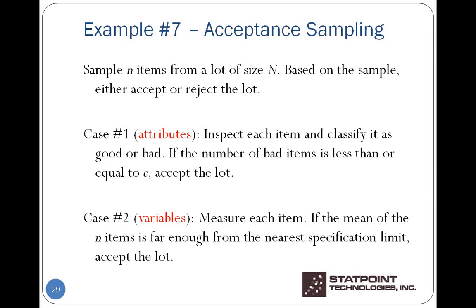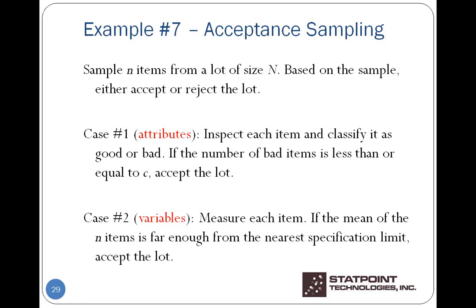Suppose, for example, a shipment arrives at your warehouse consisting of a lot of size, let's say, capital N. You're going to take a subsample of that lot, let's say little n items, from the capital N items.